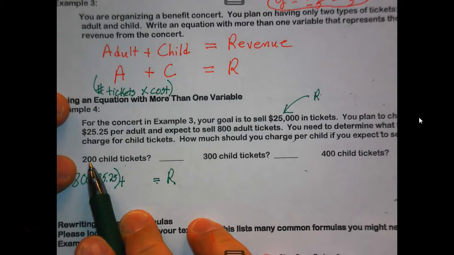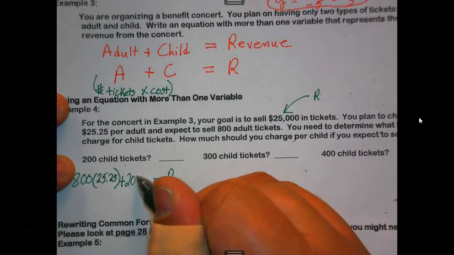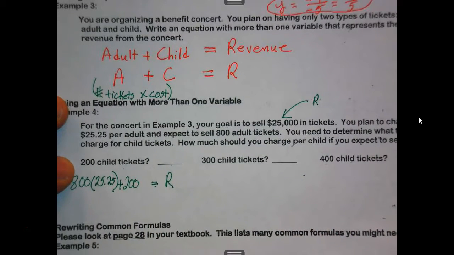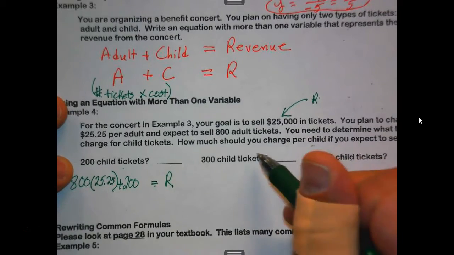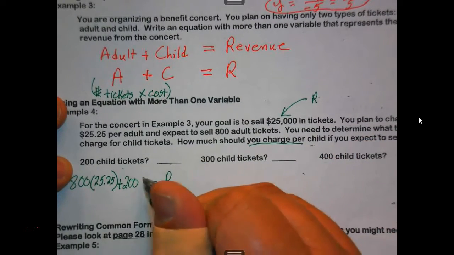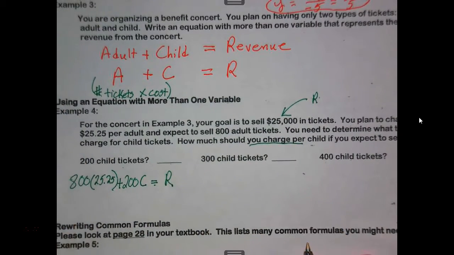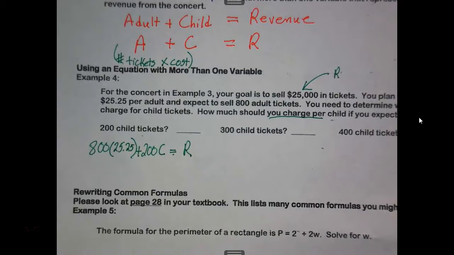In this case, they want us to use 200. Do we know the cost of the child tickets? How much did you charge per child? No, that's my X or C. So all I have to do is figure out that, and it'll tell me the cost of each child ticket, right?